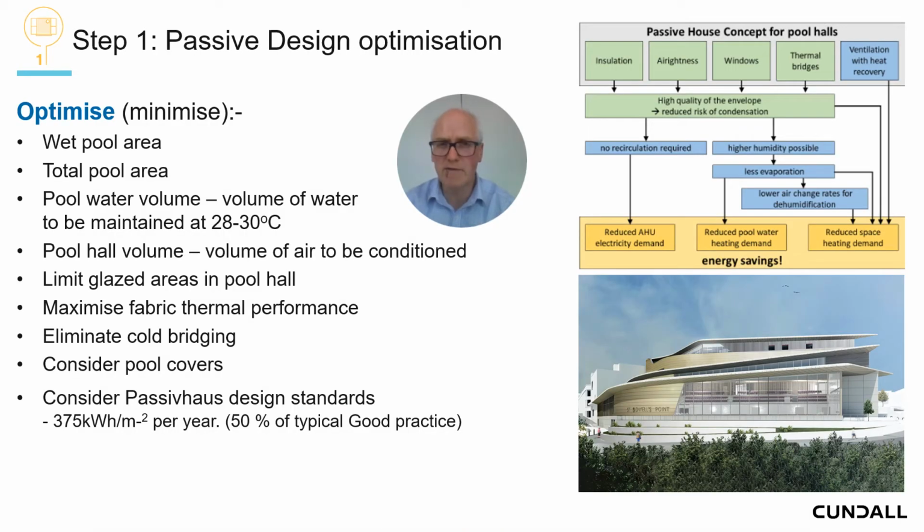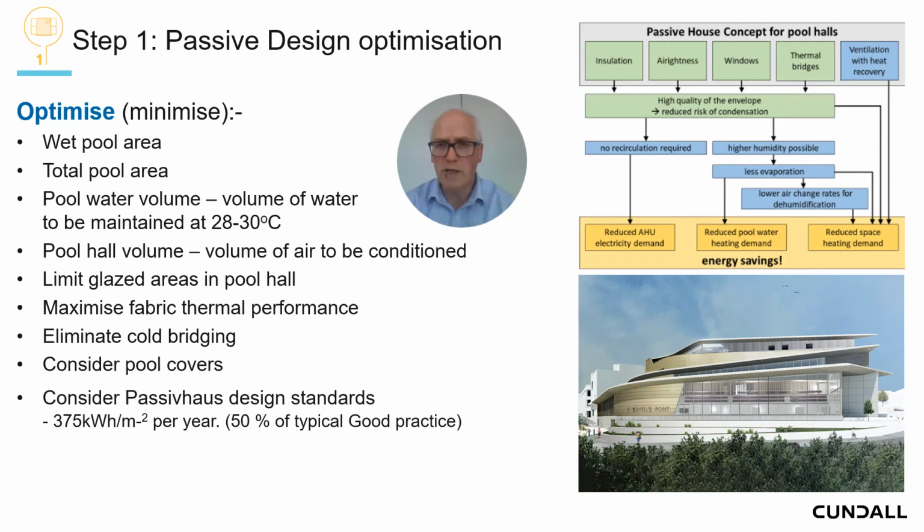The first is passive design optimization. So we're saying really in a pool, because of the volumes of energy that we're holding, we want to reduce the total water volume, what we can get away with. We want to reduce the air volume, look at the height of our pool halls, limit our area of glazed areas, look at the thermal performance.